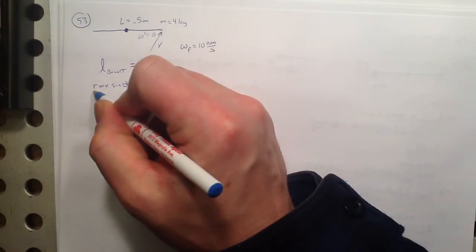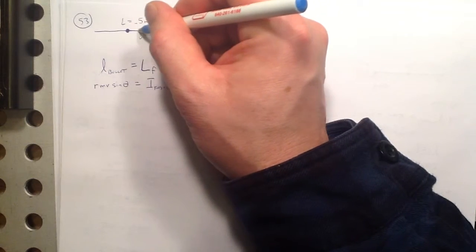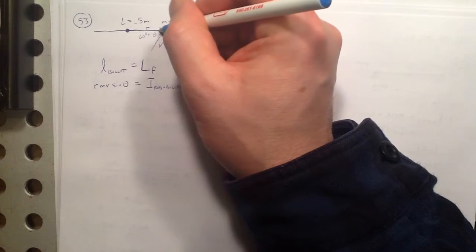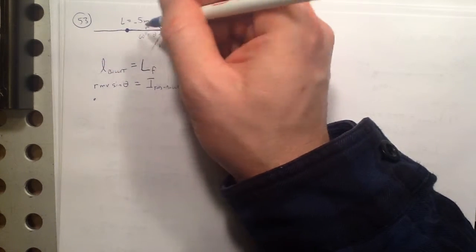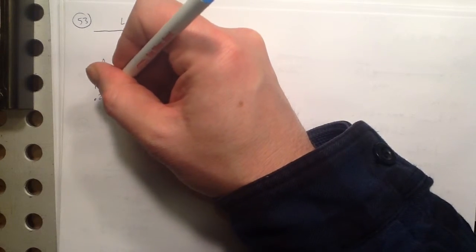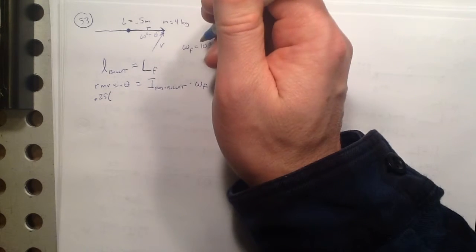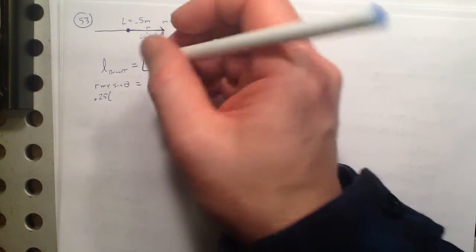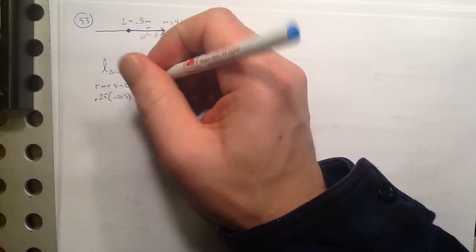So the r for the bullet, when the bullet hits the rod, the r vector for the bullet is this vector right here, which has a magnitude of half the length of the rod, which is 0.25. The mass of the bullet, which I think I didn't write down here, is 0.003 kilograms.